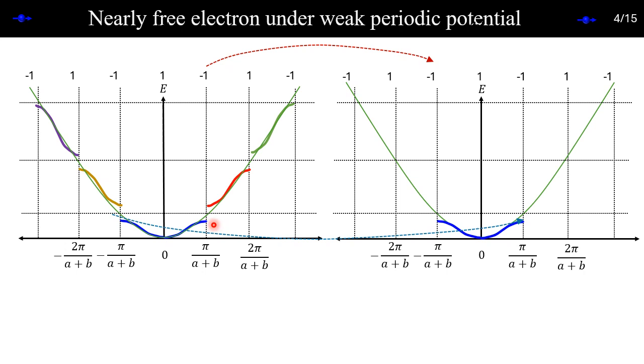This is the point where the value is minus 1. This is the one where it is plus 1, and this is the one where it is plus 1. Both are the same.